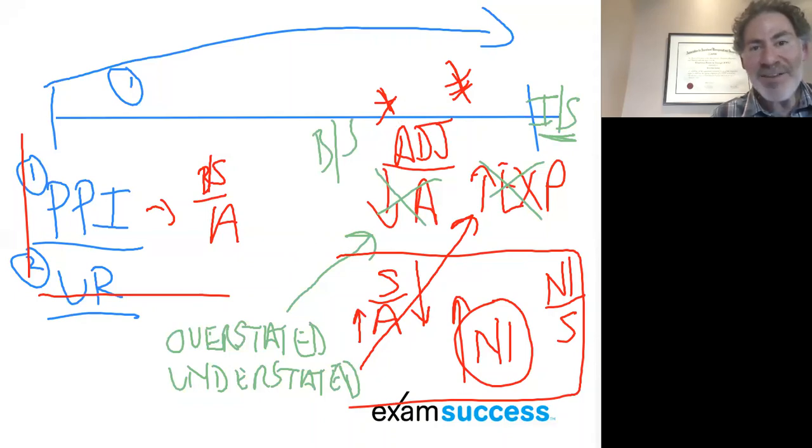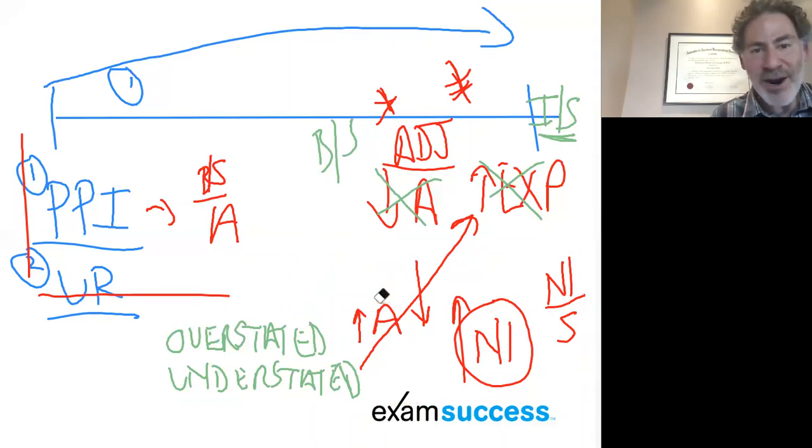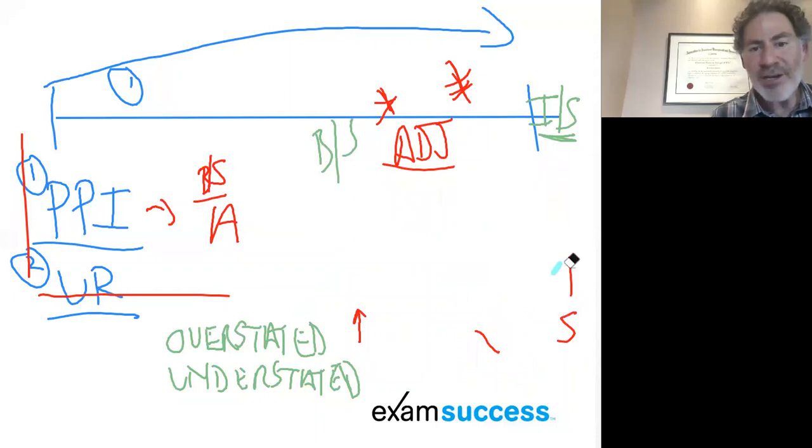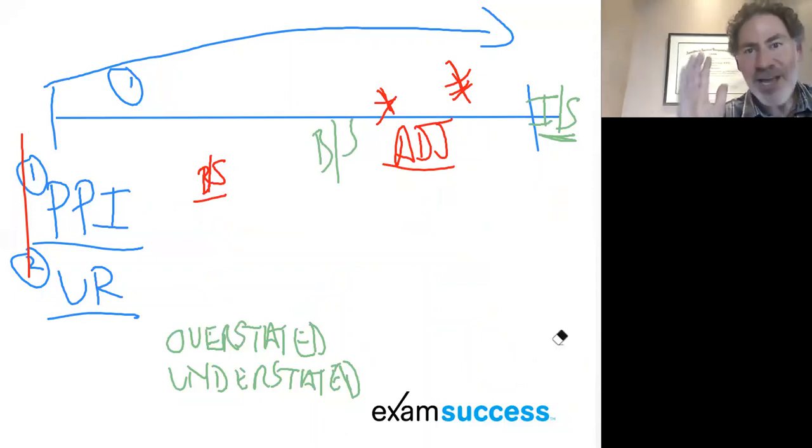Okay, let me erase this part quickly and flip over to unearned revenue and see what happens here. I hope you're already getting a different way of thinking about this. This is the CFA way of thinking. So unearned revenue, we know, went on our balance sheet as a liability. And we remember the adjustments that we make at the end of the time period.